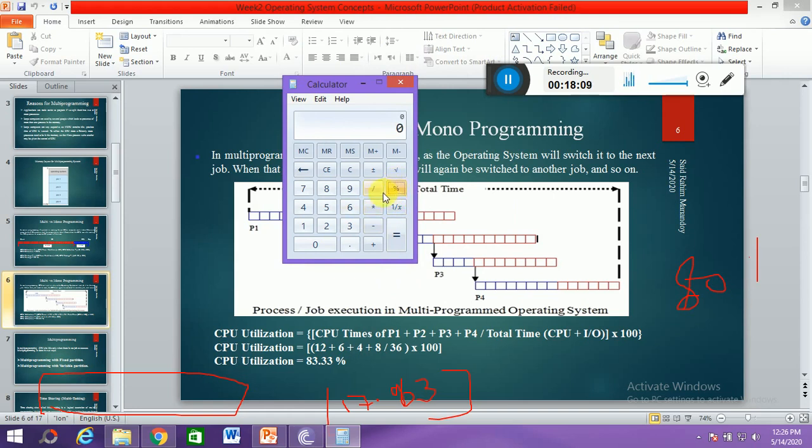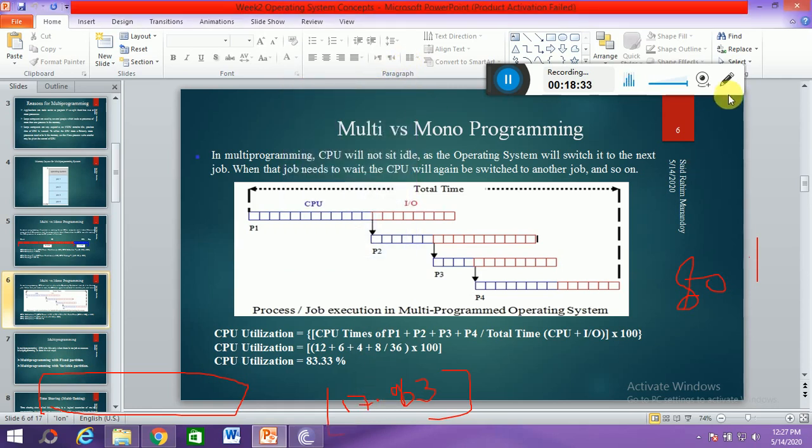Let me erase this. 6 divided by 36, you will get this one, and then multiply it into 100. You see, I'm so sorry, 16.66, not 17. 16.66% time is only wasted.